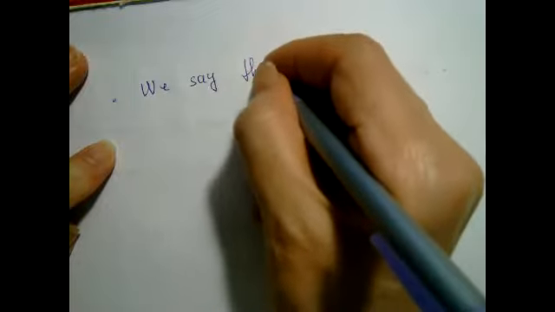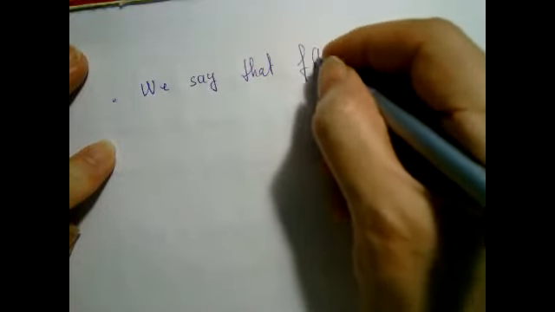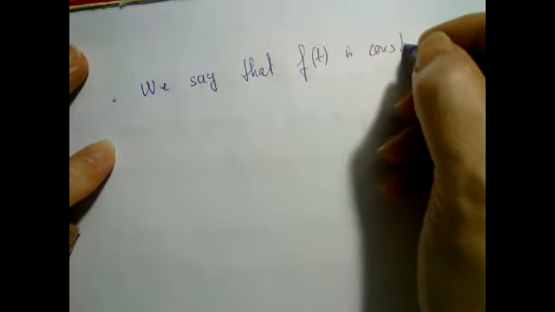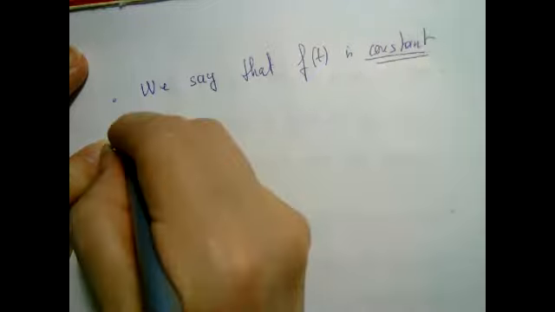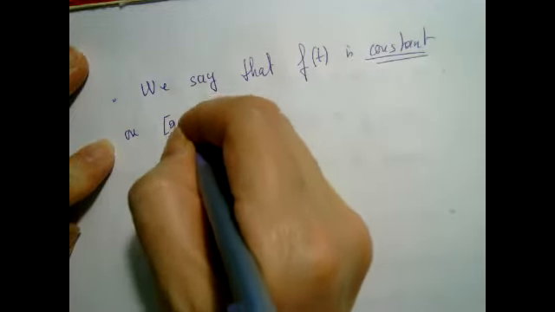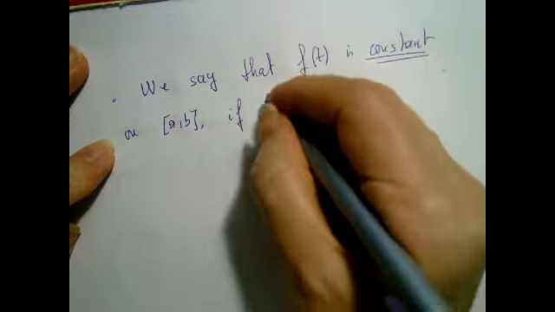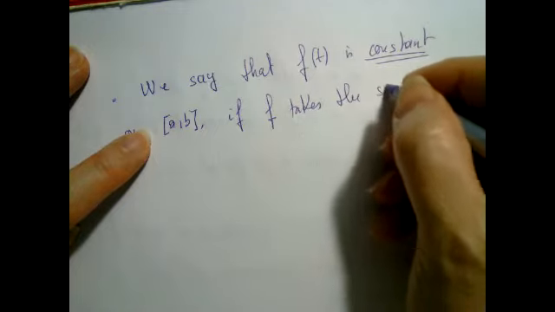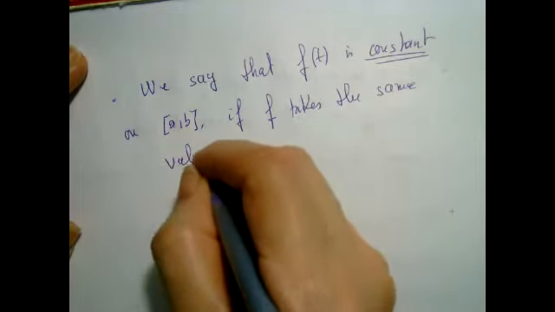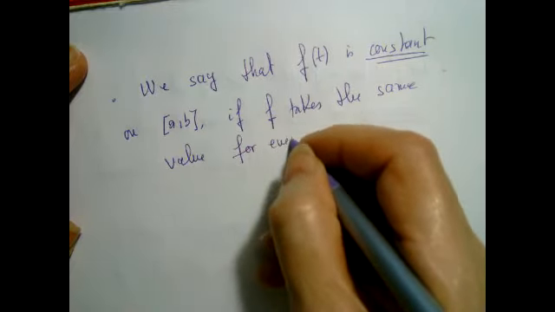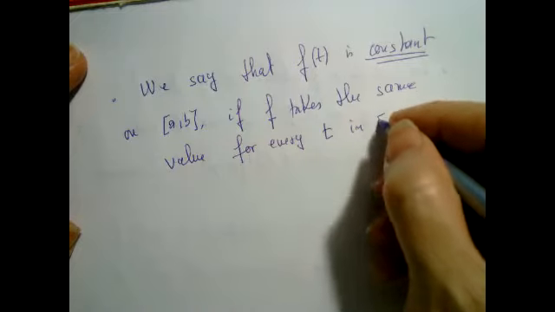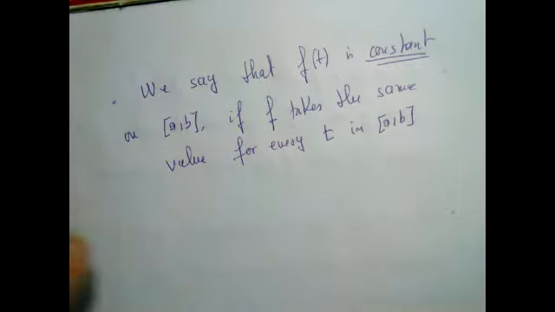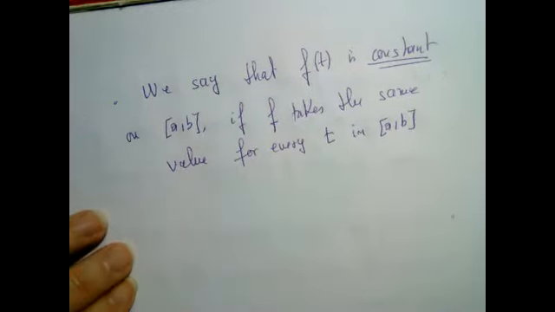We say that a function f of t, for example, is constant on an interval a, b, if f takes the same value for every value t in the interval. So we say that f is constant if the function doesn't change at all.